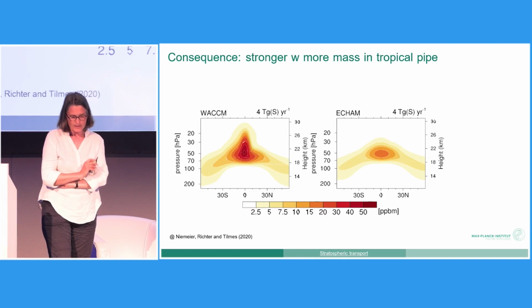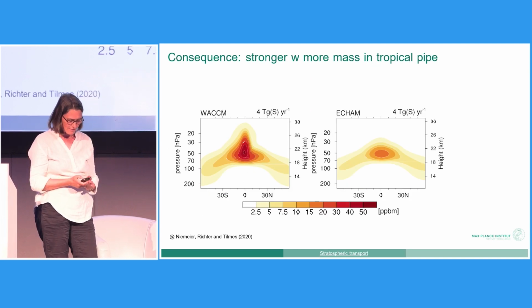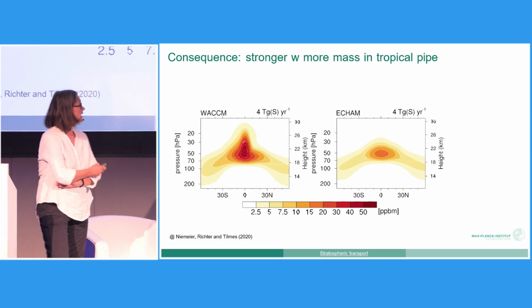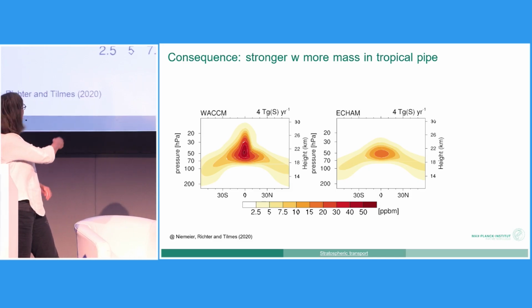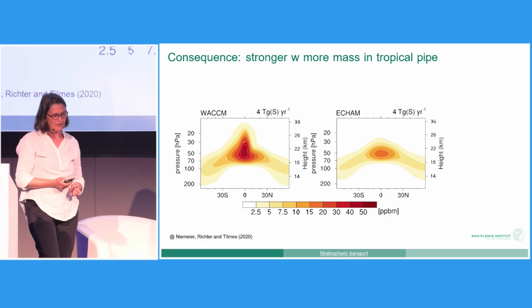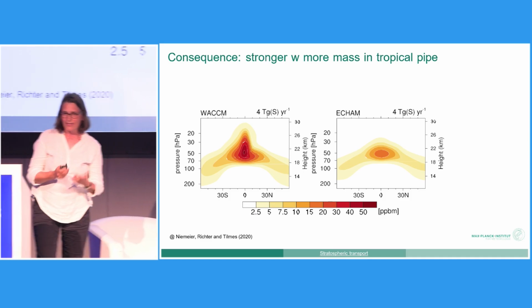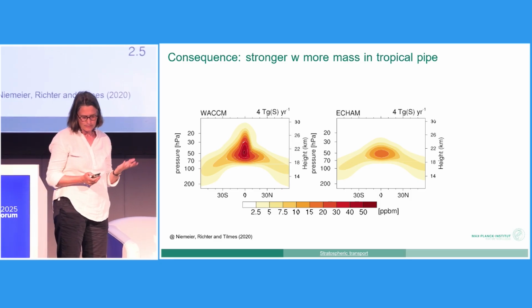As a consequence, the transport of these aerosols is very different. In WACCM we have a much stronger confinement of our aerosols. They get transported much more vertically up into higher levels than in the ECHAM model.